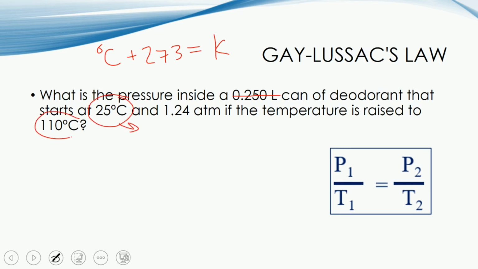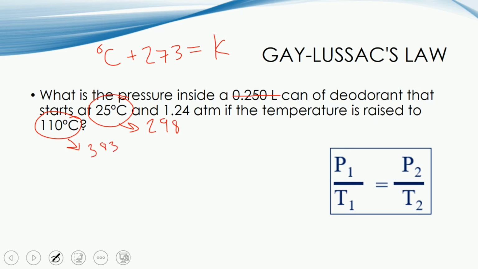And there was another one right here. So we need to add, for both of them, 25 plus 273, which is going to give us 298. And then 273 plus the 110, which gives us 383.